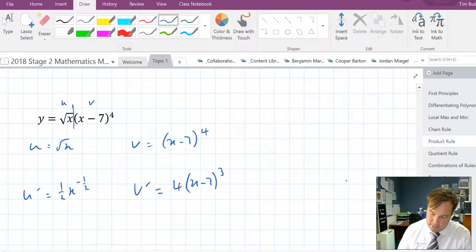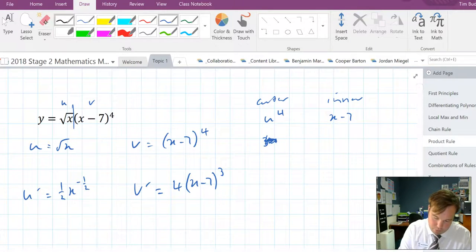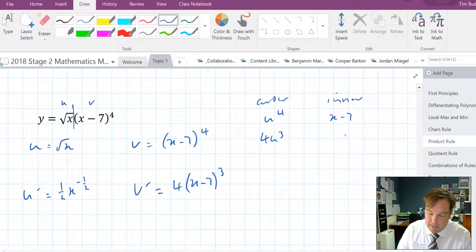Note that we're doing that by using the chain rule, thinking of the outer function as u to the 4 and inner as x plus 7. So the derivative of the outer is 4u to the 3, and the derivative of the inner is 1. So when we multiply them together, we have 4 lots of u, which is x plus 7, to the 3, times 1. So that comes up there nicely.